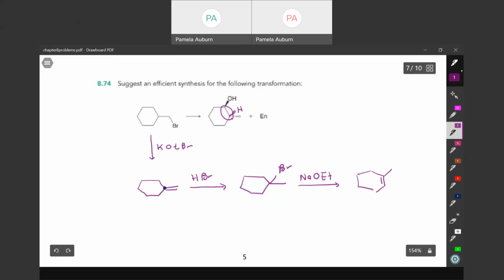So I'm installing an alcohol, and the alcohol is going to the least sterically hindered carbon, and it's on the same side as the hydrogen. So that's syn addition. Step 1, step 2, NaOH, and peroxide.